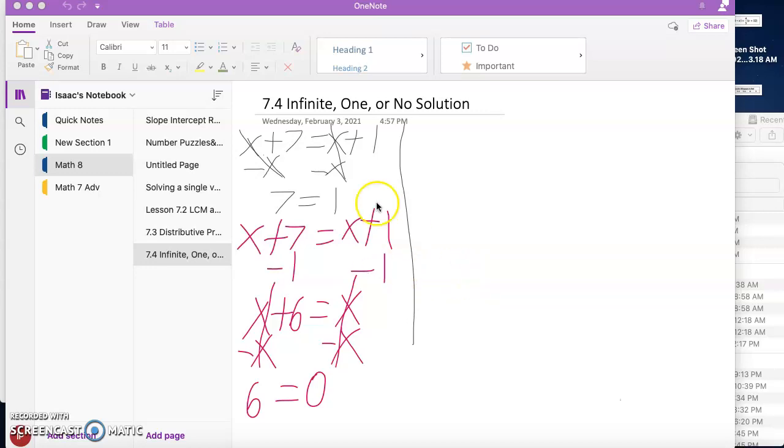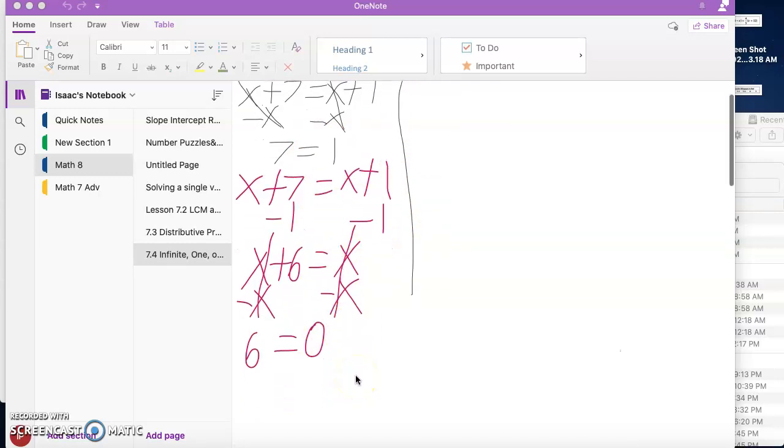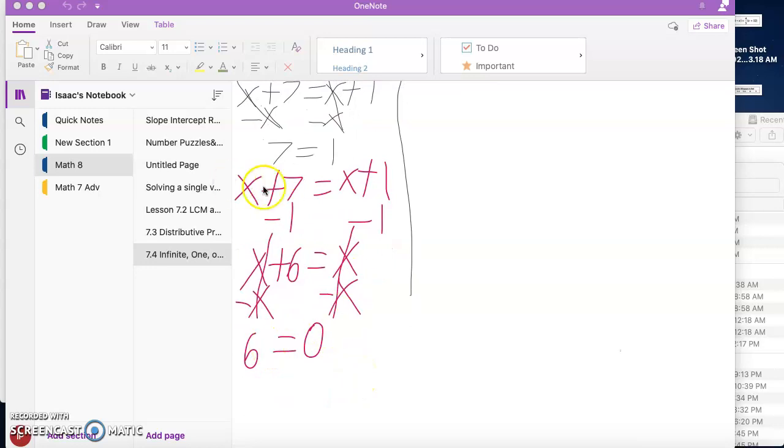Now, both of these situations, this where I first started by subtracting x from either side and got to 7 equals 1, and the other time when I got 6 equals 0 for the same equation, there's a reason that I got to this nonsense answer where 6 doesn't equal 0, so that's got to be wrong, and where 7 doesn't equal 1, so that's got to be wrong too.